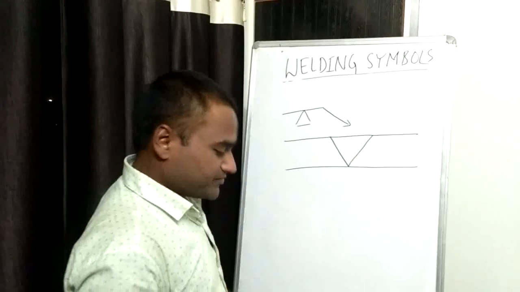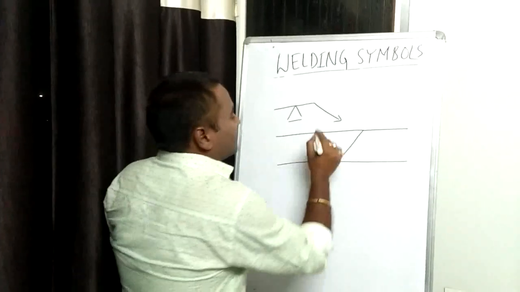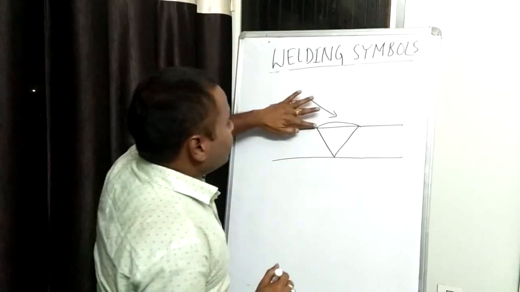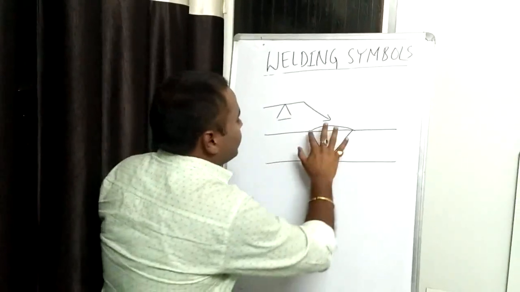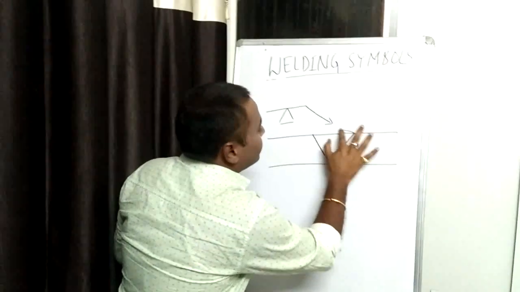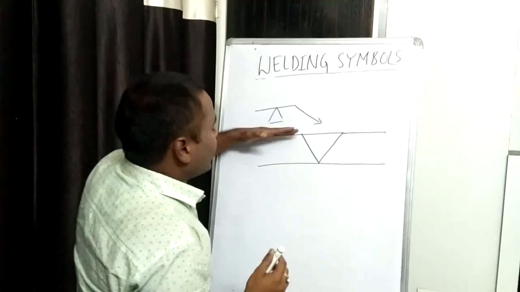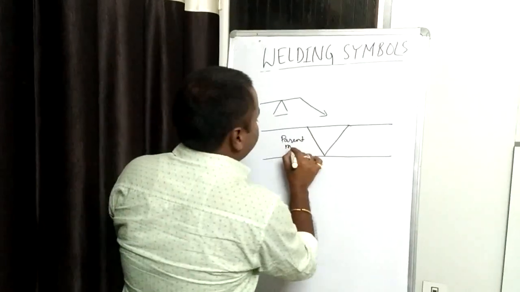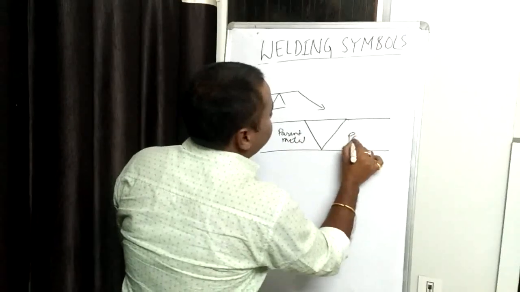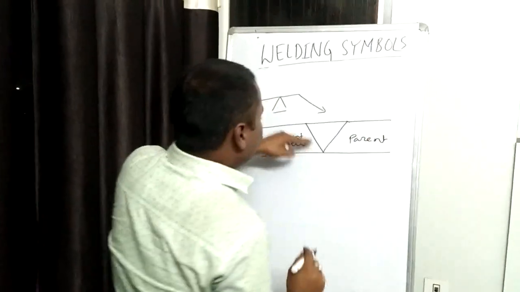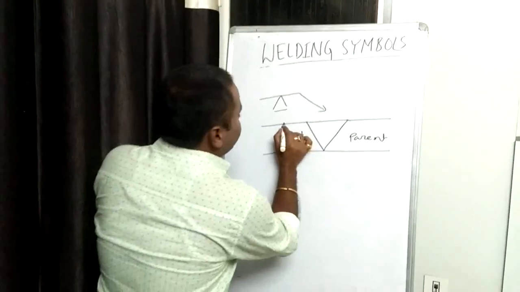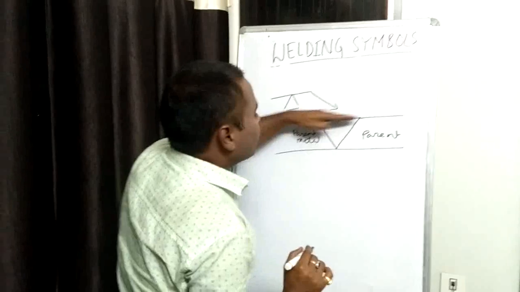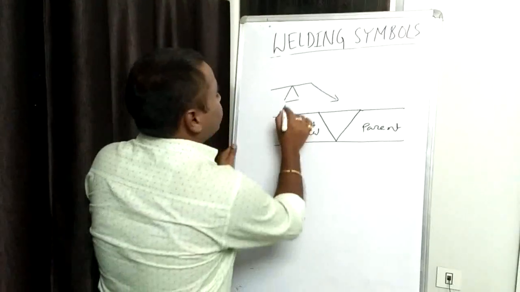This symbol means flush grinding. Means this reinforcement has to be ground up to the level of parent metal height. This is your parent metal and this is your parent metal. So this weld has to be ground up to the height of the parent metal. Means complete same height. So for making complete height, this symbol shall be used.